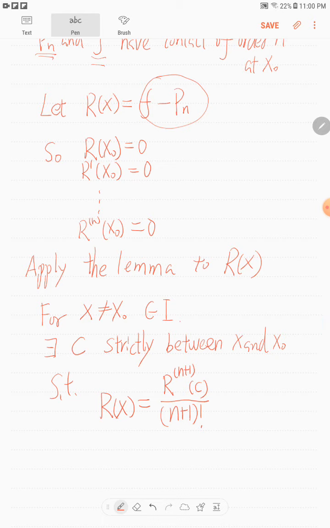Because f has an (n+1)th derivative and P is a polynomial. This is times (x minus x0) to the power n plus 1.